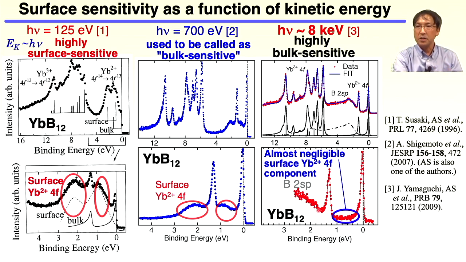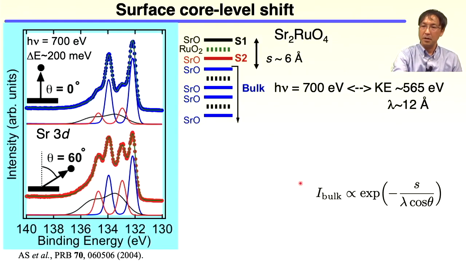These are realistic examples of the surface or bulk sensitivity of photoemission as a function of the excitation photon energy as well as the kinetic energy. Surface sensitivity of the photoemission can also be controlled by changing the emission polar angle of the photoelectron with the same photon energy, when we measure a material with a very flat surface with a kinetic energy of several hundred electron volt, like this.